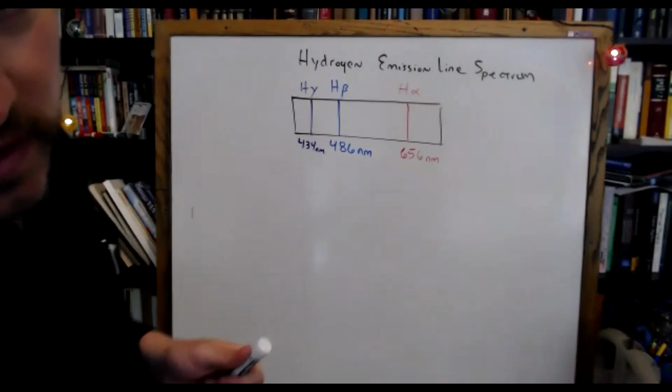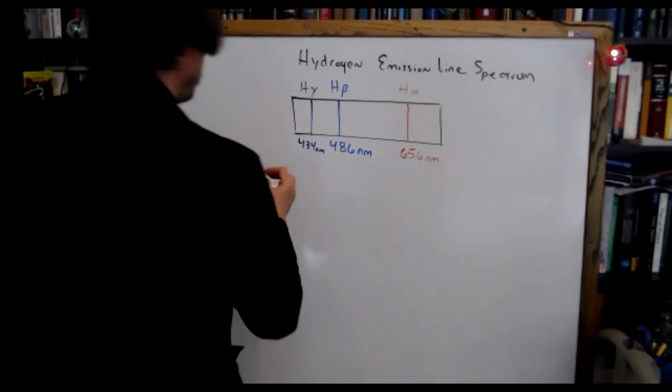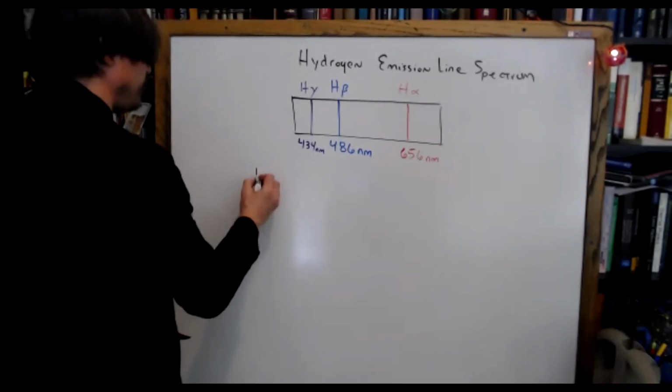Taken together, these three lines are known as the hydrogen emission line spectrum.